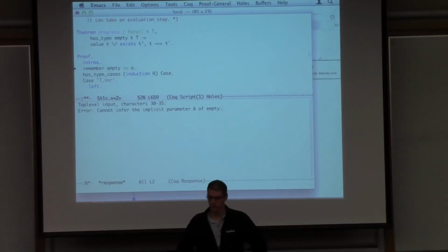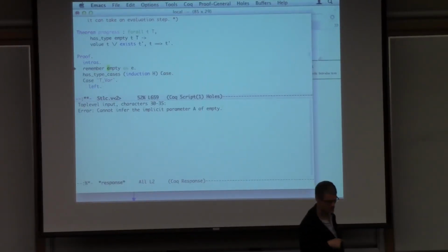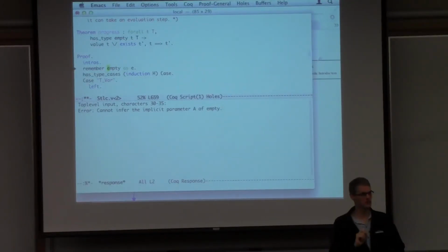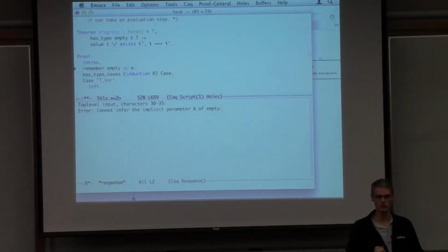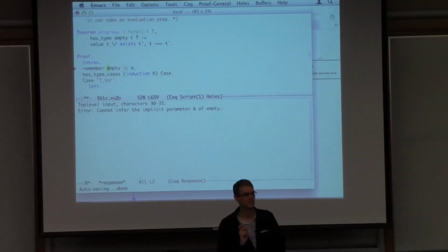Empty, remember, is a function, because the type of partial maps is polymorphic. A context is a particular kind of partial map, a partial map whose range is types. But empty is a polymorphic constructor.